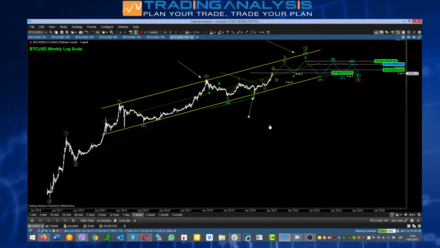I think it's more sustainable, it's on more solid ground than it was during this whole 2010-2017 narrative behind the Bitcoin. So we will continue to follow this wave count on the upside. For now it works well.